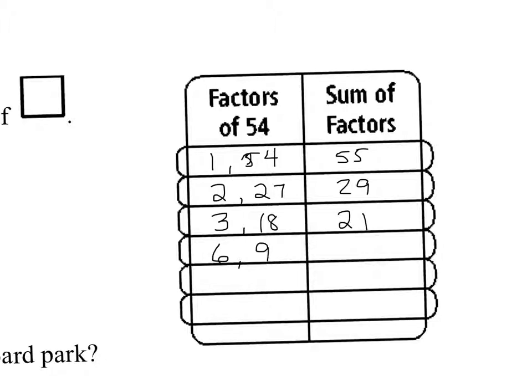So 6 and 9 are factors of 54, and those add up to 15. 7 doesn't, 8 doesn't, 9 doesn't. As soon as we get to one that we already used, we're done listing all the factors.